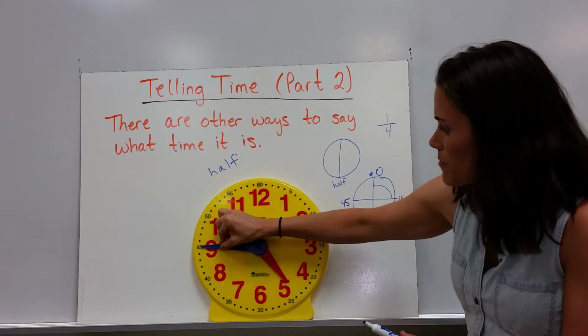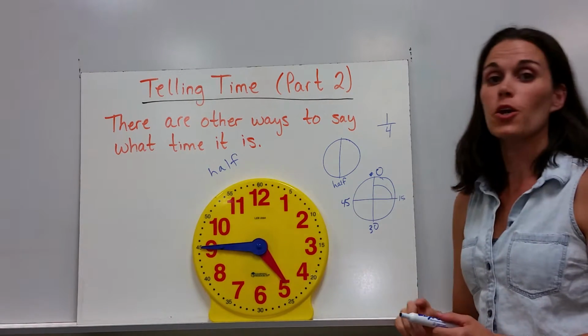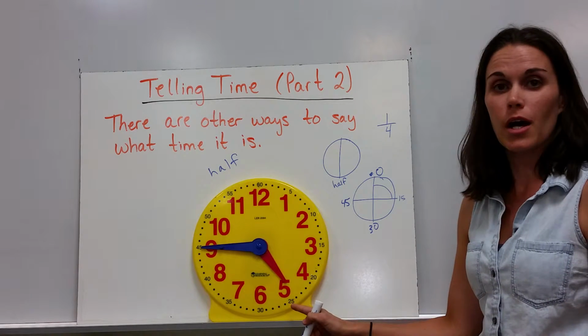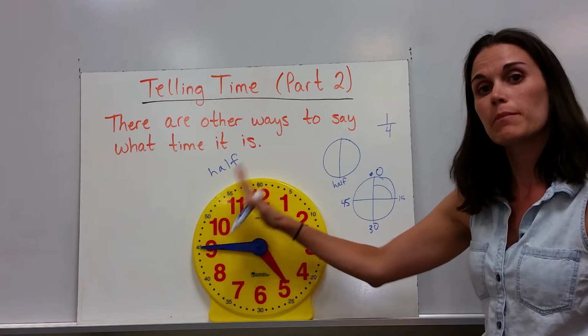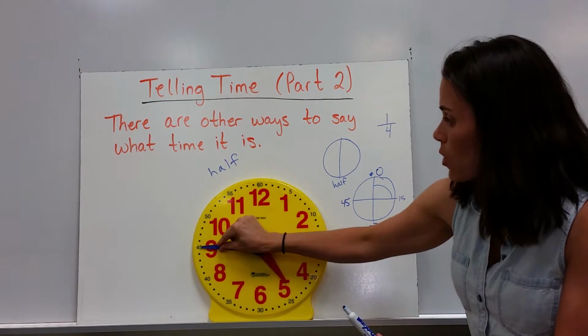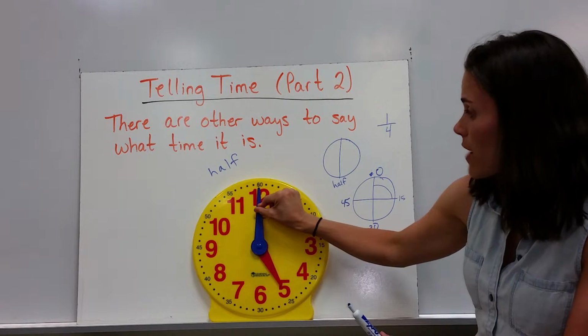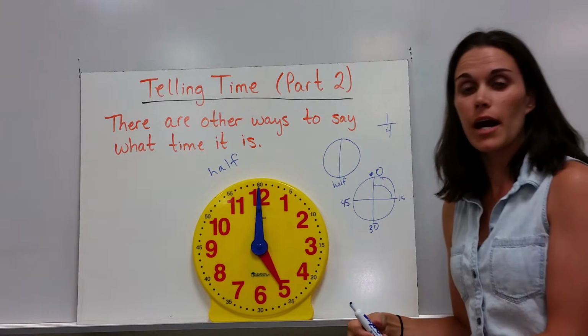When we get to this one, technically, you could hear someone say 3/4 past 4 o'clock, but you won't ever hear anybody say that, because if it's past the 6, they're going to tell you how many minutes are left until the next hour. So in this case, we would say it's a quarter till 5 o'clock, which means there are 15 more minutes until it hits 5 o'clock.